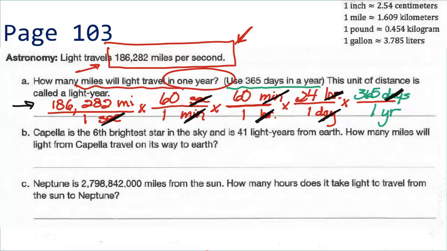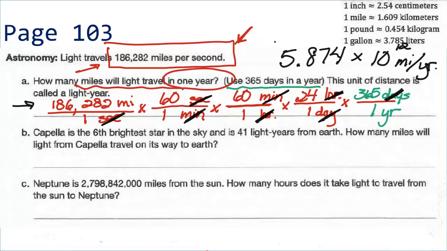So it's 5.874 times 10 to the 12th power, and that is miles per year. So a lot of miles in a year.